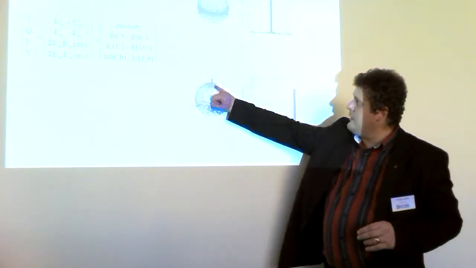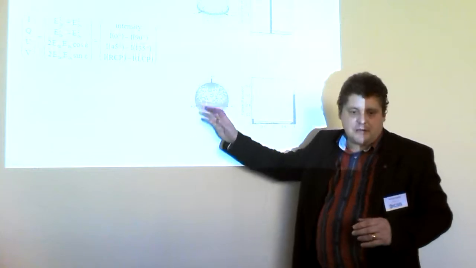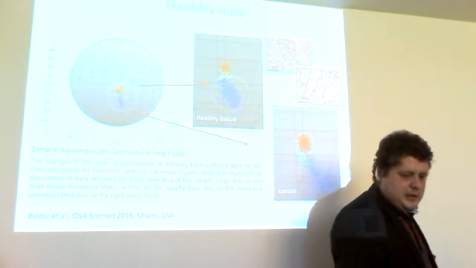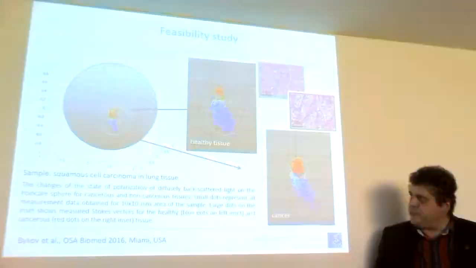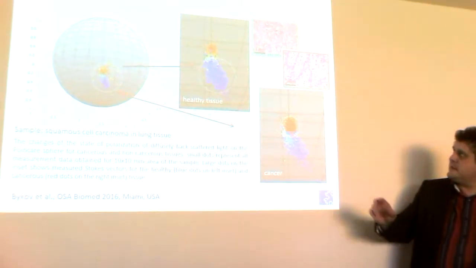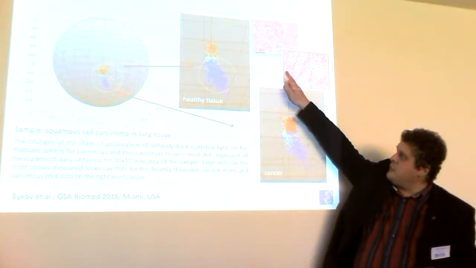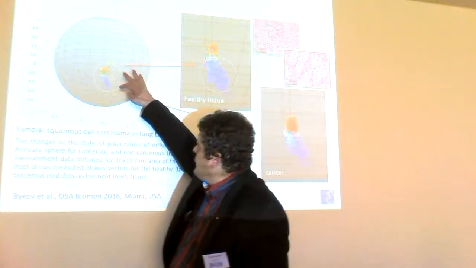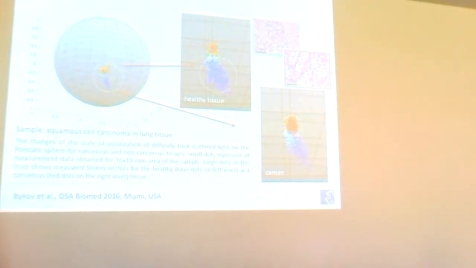As a result, we see elliptical light. For example, this is the result of actual measurements at different positions of one sample, this one cancer and that one non-cancer, and we're able to see the difference clearly on the Poincare sphere.